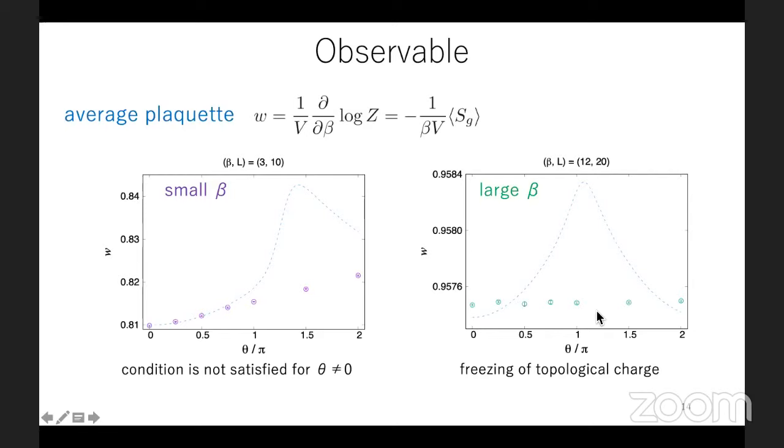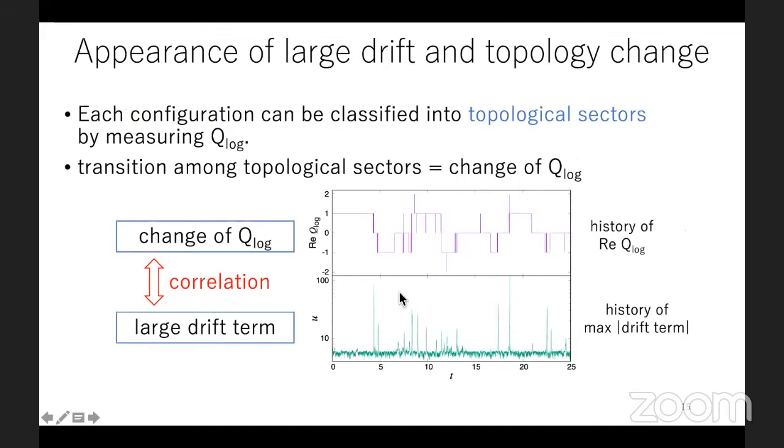So for every parameter region, the observable is different from the analytic solution. Actually, on the two-dimensional torus, we cannot naively implement the complex Langevin method for gauge theory with a theta term. So we investigate the reason why this kind of problem happens.